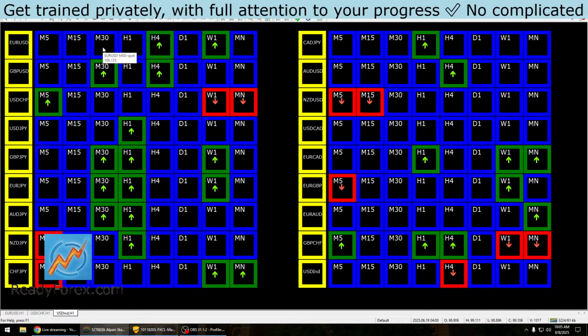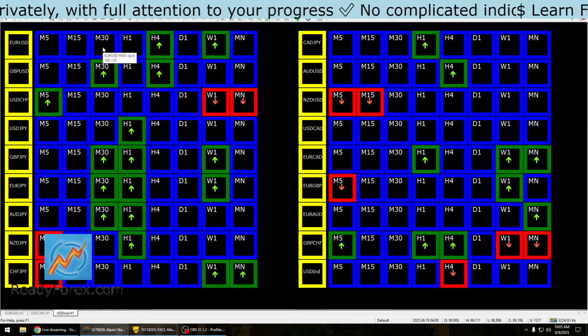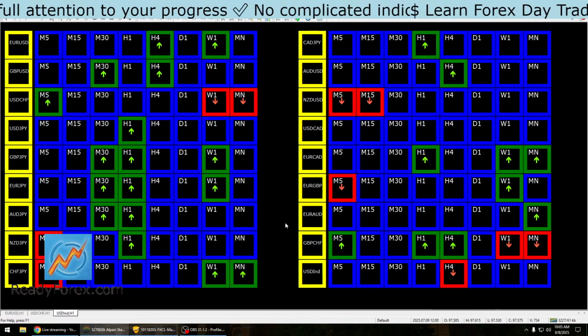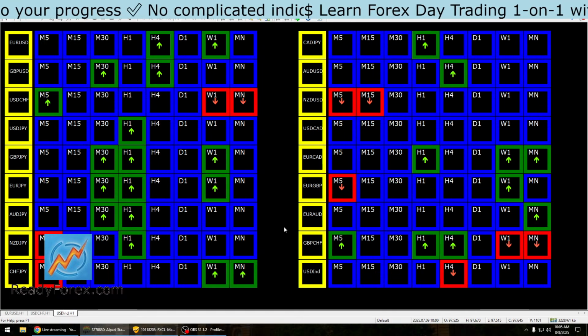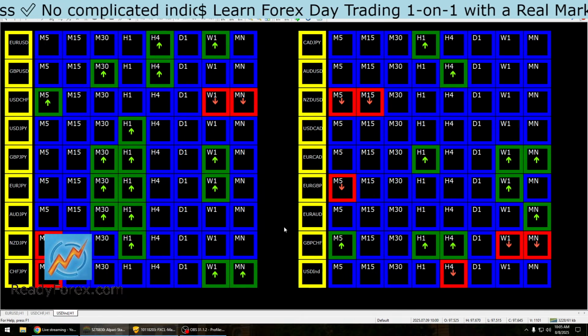Over here, this is what I got. Basically, these blue boxes represent sideways price action. If you see a blue box, that time frame is going nowhere. It's a sideways time frame, or in that particular time frame, the price action looks sideways.